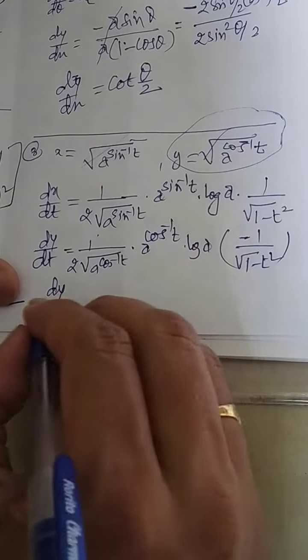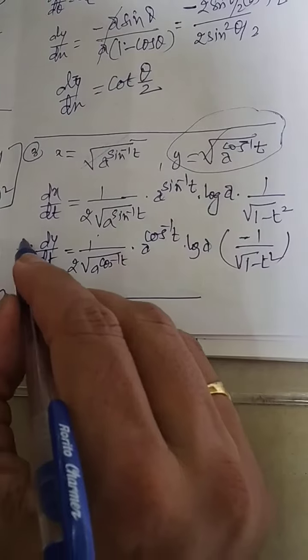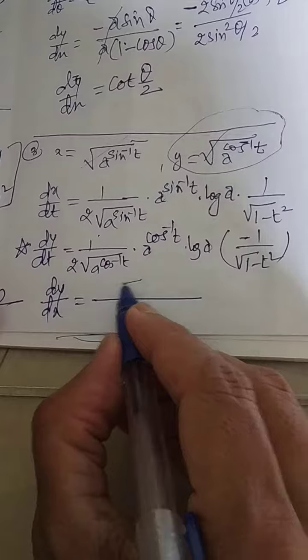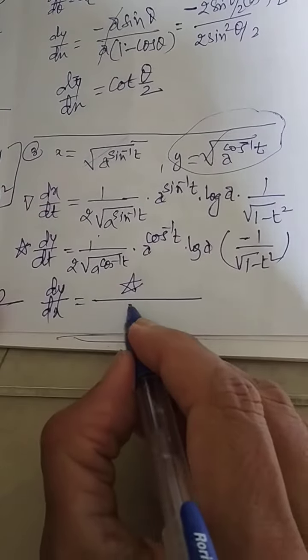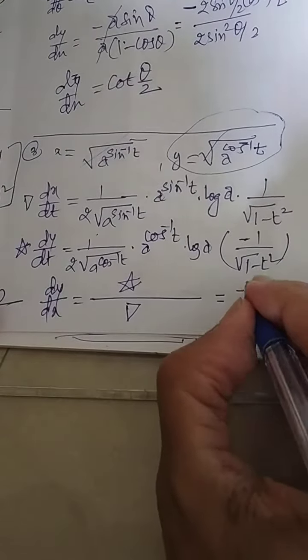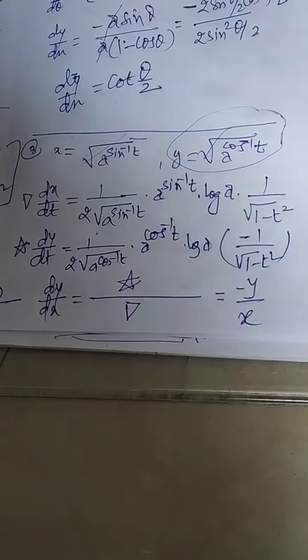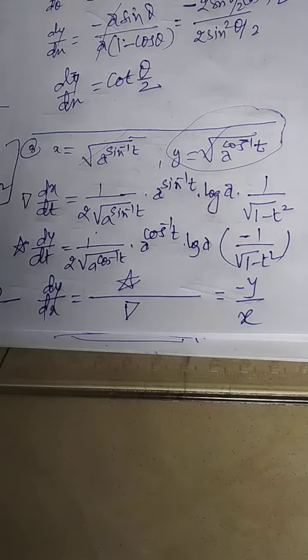Now finding dy by dx, which expression will come in the numerator? The dy by dt. Write down the numerator. Similarly over here the denominator is dx by dt. Try to simplify and check whether you are getting the answer as minus y by x, minus y by x.